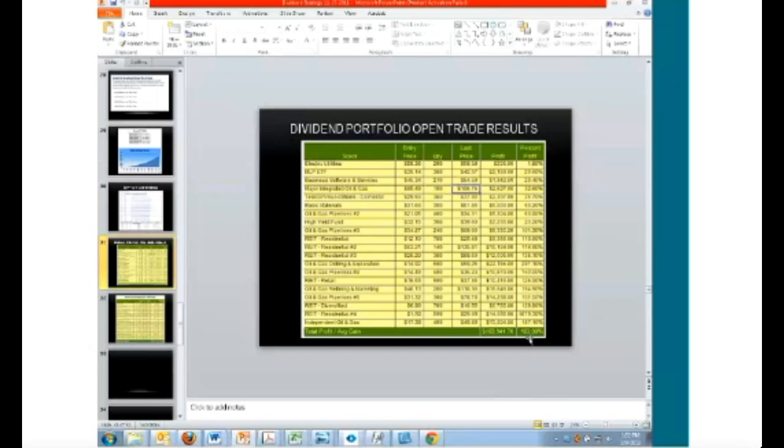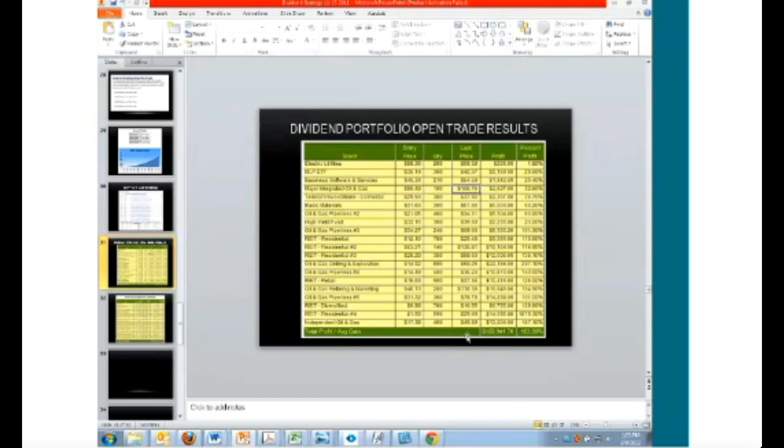And if you noticed, over the last year or two, when there was a lot of market volatility, this portfolio didn't tend to have the wide price swings or changes in our profit or return like some of our other portfolios did. So this is lower risk, and yet it still provides a great return.